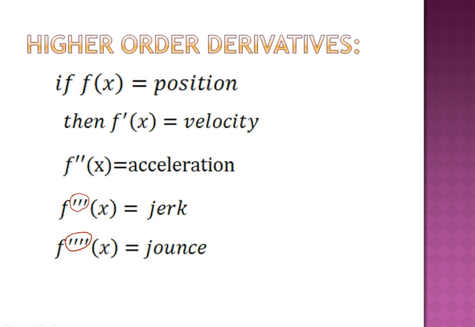And so as we go from f triple prime, f quadruple prime, we start using something that looks like exponents, and I can write f triple prime like that, or f quadruple prime looks like f to the fourth, but it's not, of x. I can even take as many derivatives as I want, f to the 10th prime of x.